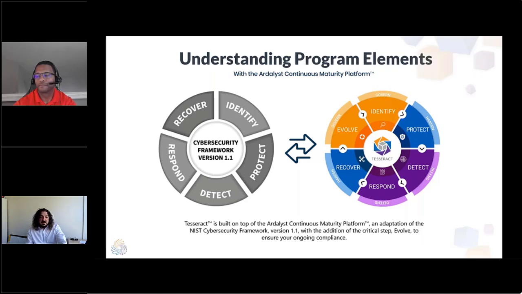So we took these cybersecurity framework 1.1 concepts of identify, protect, detect, respond, and recover, and we've mapped those to this concept of governance, hardening, and defending.